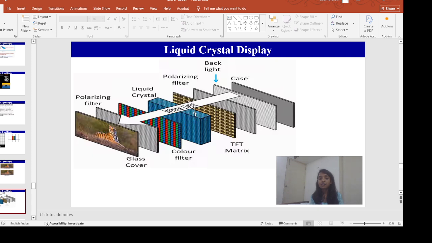That means it won't be able to convert the vertically polarized light wave to the horizontally polarized light wave. Until the light is converted to the horizontally polarized light wave, there is no chance that it will pass through the polarizing filter. So in those portions of the screen we will get black. So this is how a liquid crystal display works.